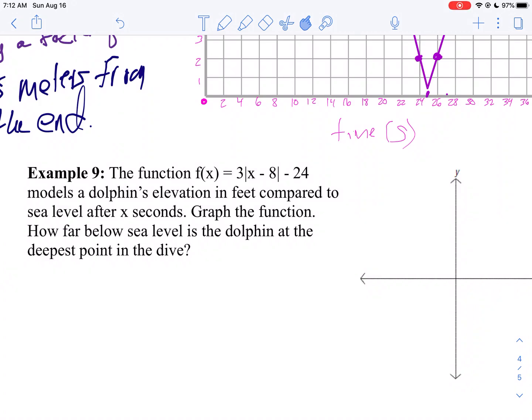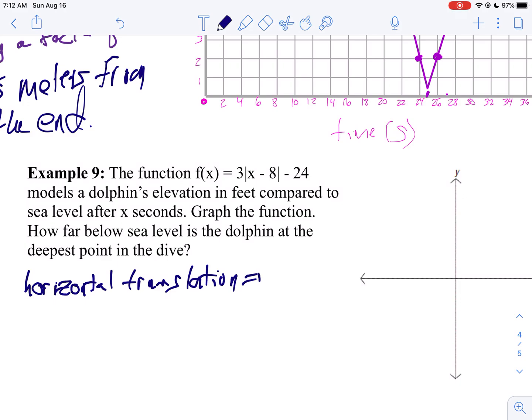On example 9, we have 3 translations going on, don't we? Because we have this function: 3 times the absolute value of x minus 8, minus 24. So x minus h means a horizontal translation to the right 8, I'm sorry.